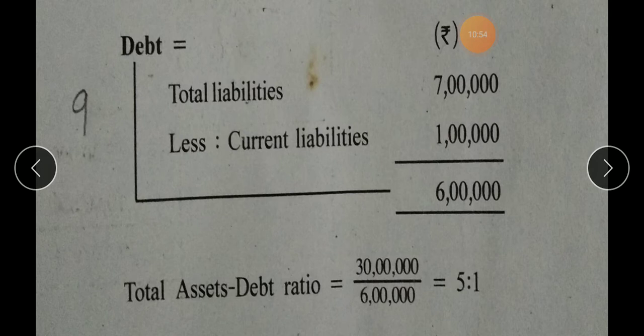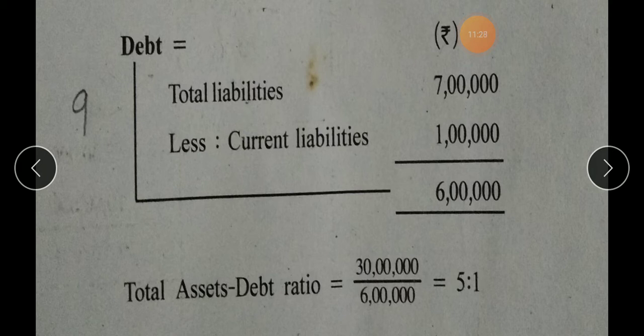Now we are obtaining long-term liabilities. It is very simple. Total liabilities less current liabilities. Now again, if you remember the note that we have understood while understanding the debt equity ratio, it was clearly mentioned that whenever in the given question total liabilities are given and current liabilities are given, then to arrive at non-current liabilities, you will deduct current liabilities from total liabilities.